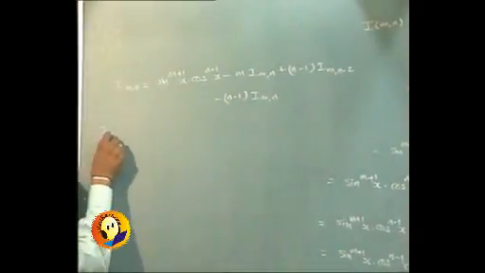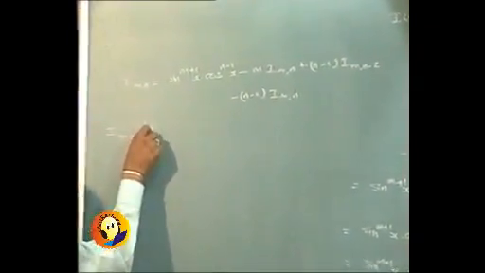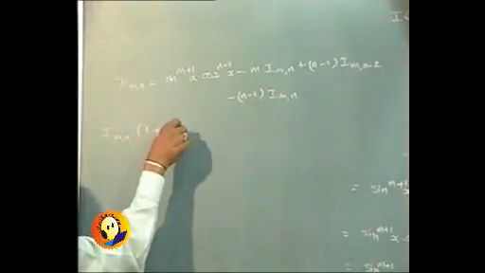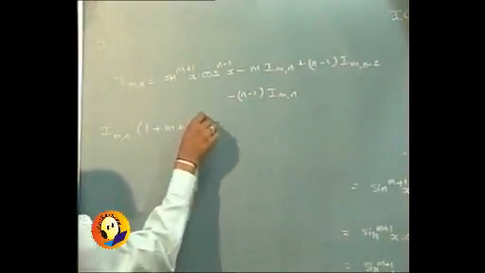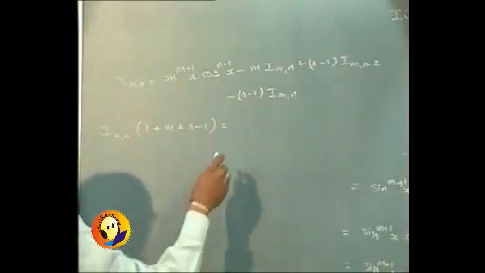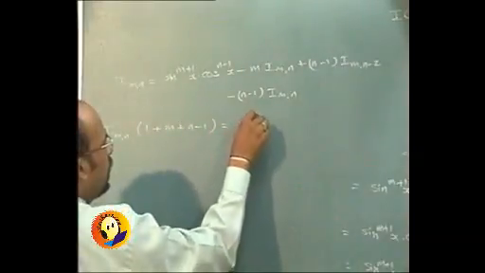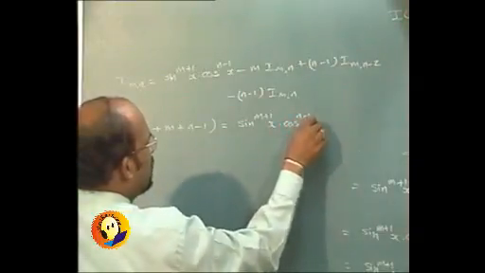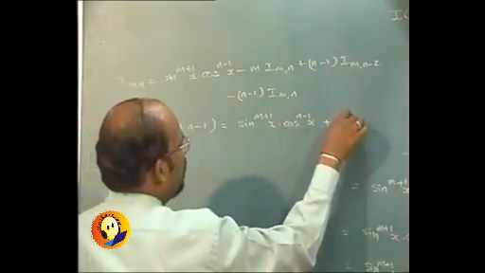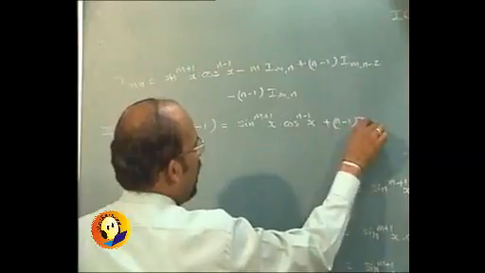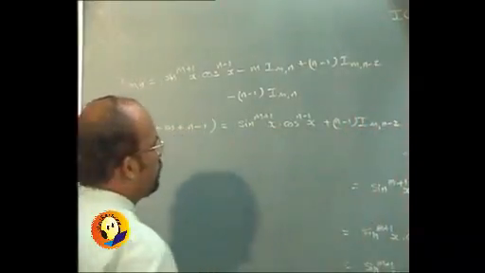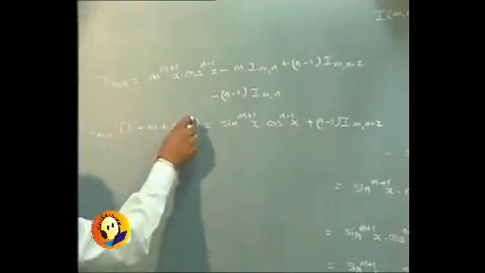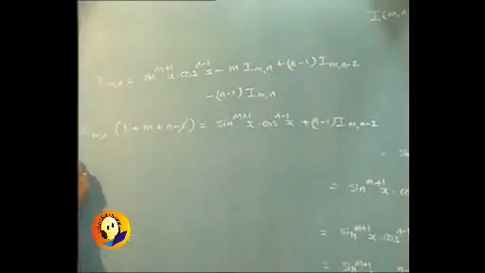So taking all I(m, n) terms on one side, it will be I(m, n) into bracket 1 plus m plus n minus 1 equal to sin raised to m plus 1 x into cos raised to n minus 1 x plus n minus 1 I(m, n minus 2), and then this one cancels, you can divide throughout by m plus n.